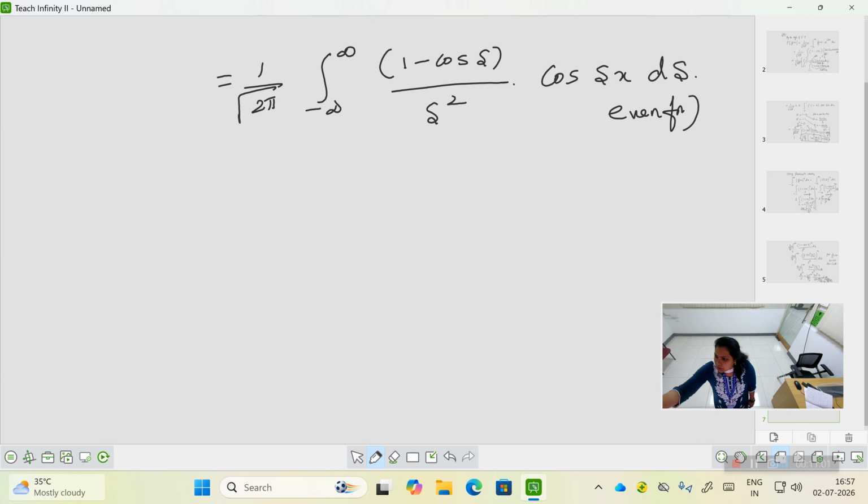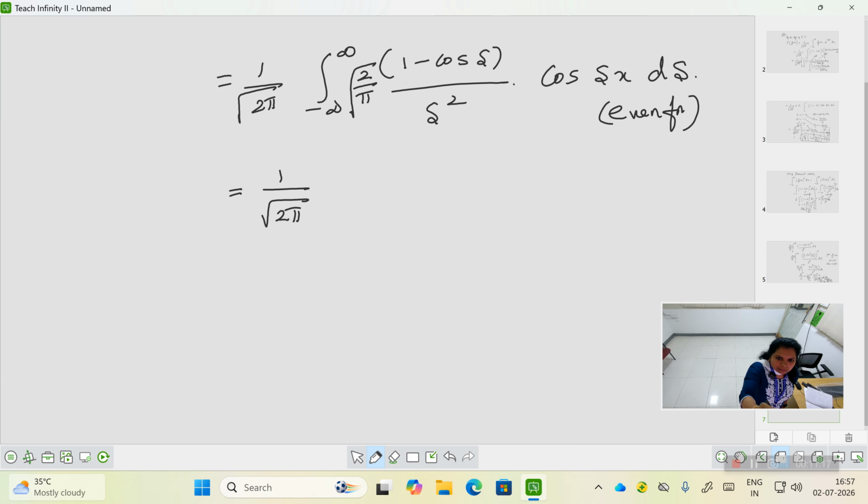So this is an even function. So you know that for the even function, how can you write? Is it twice? Is it 2 pi? Already you know that for this function you are having root of 2 by pi. Root of 2 by pi is there. So into root 2 by root pi.